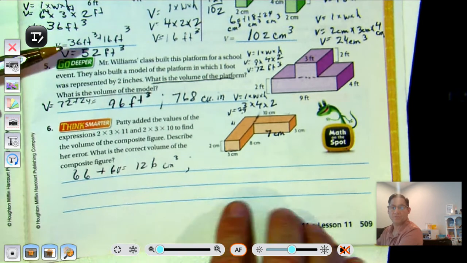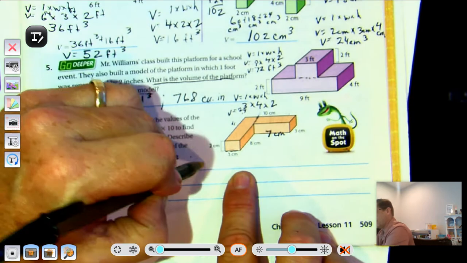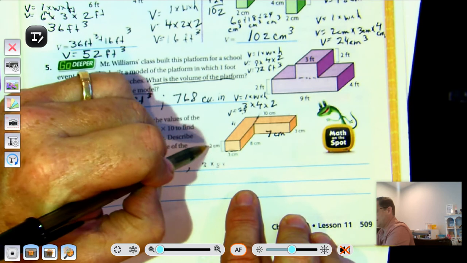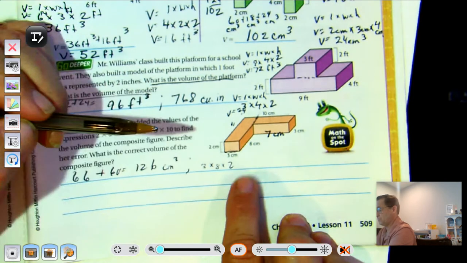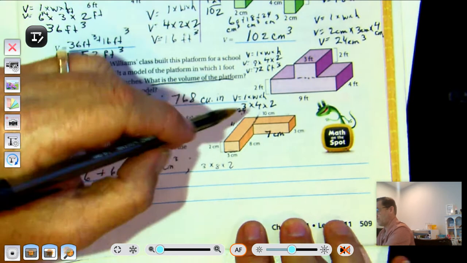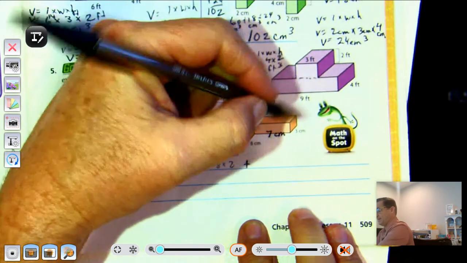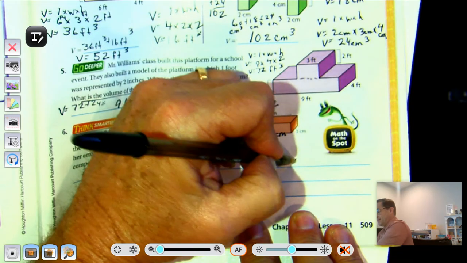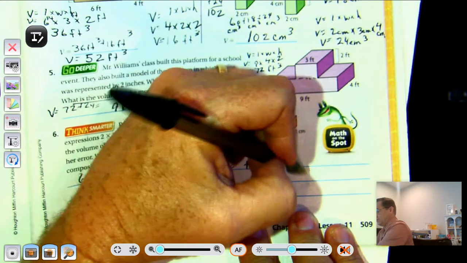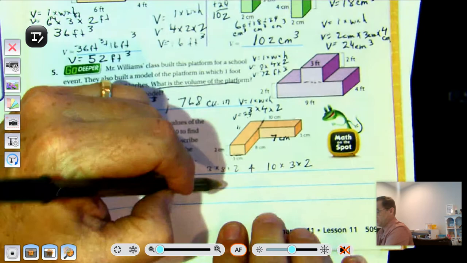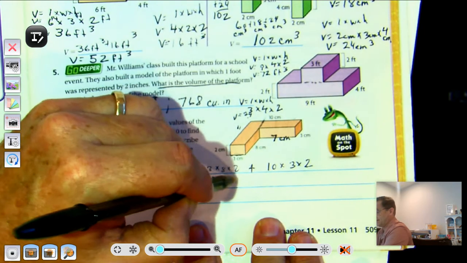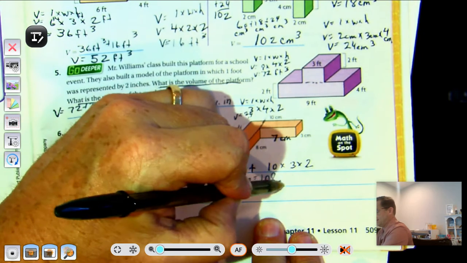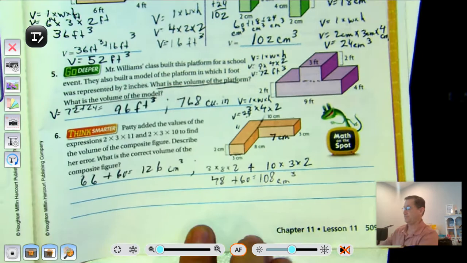She should have multiplied 3 times 8 times 2 and added 10 times 3 times 2. So she should have had 48 plus 60, or 108 centimeters cubed.